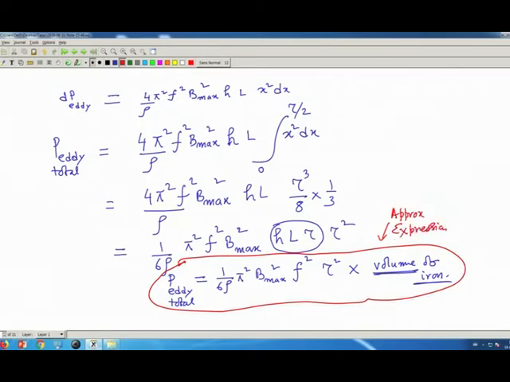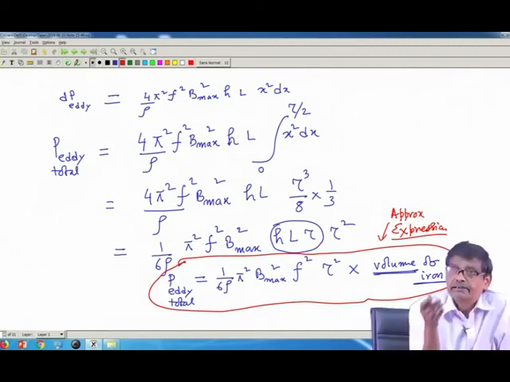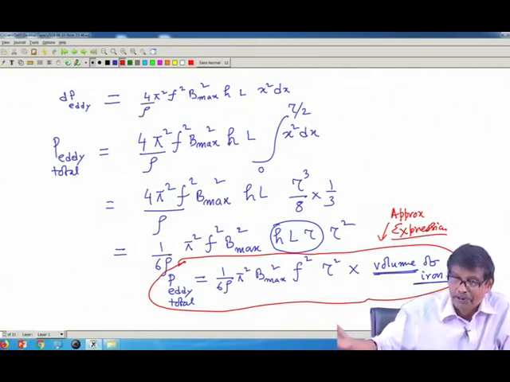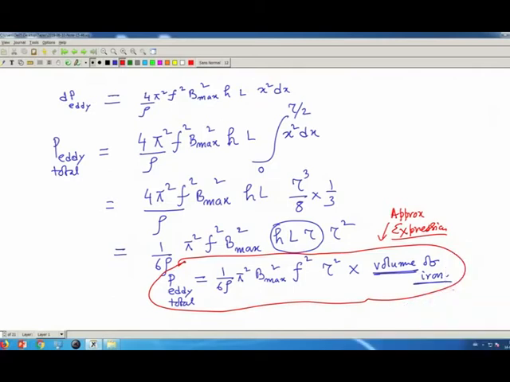For eddy loss, I know many things. Eddy current loss depends upon the maximum value of the flux density squared, supply frequency squared, and thickness squared. Remember, what is the fun of expressing it in this way? It is because I have considered a single plate while deriving this. There will be multiple plates, and I know it can be expressed in this way. Therefore, if you have used more number of plates, then total volume is to be multiplied. That is also crucial to note.